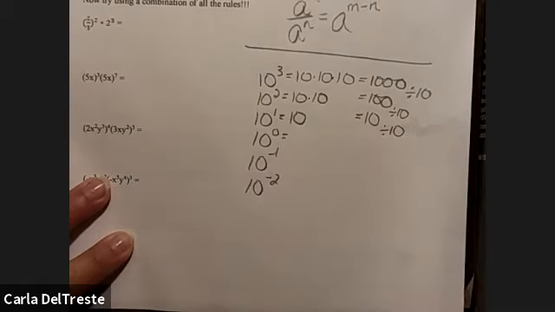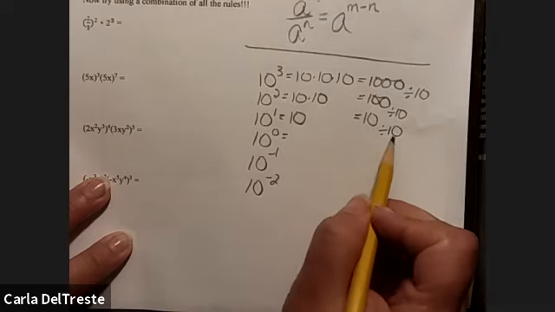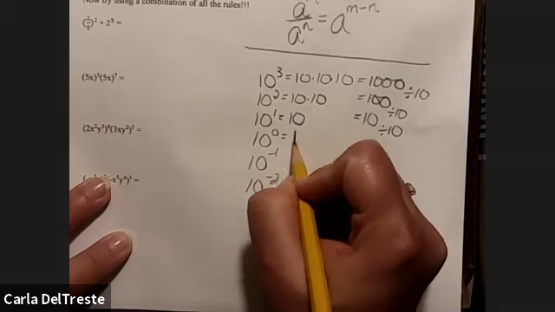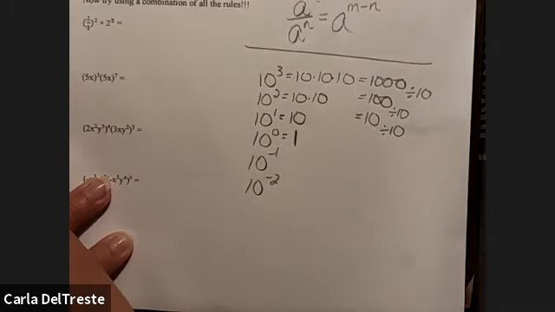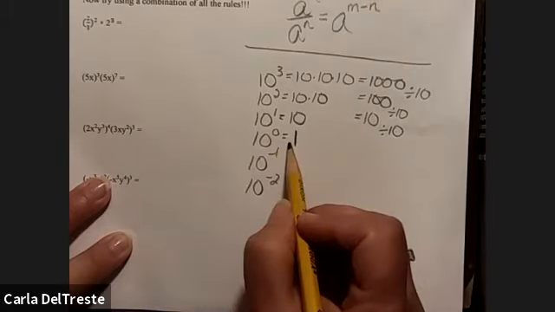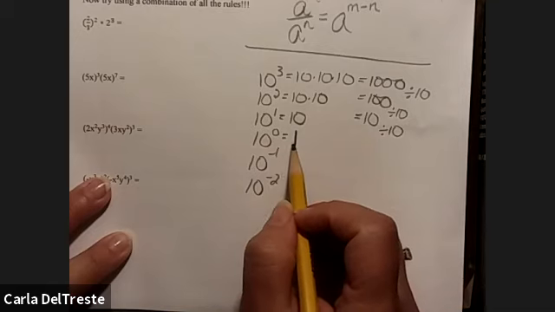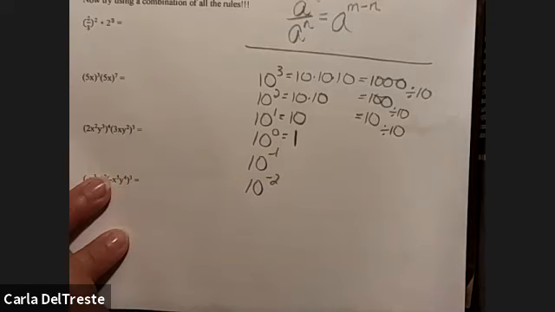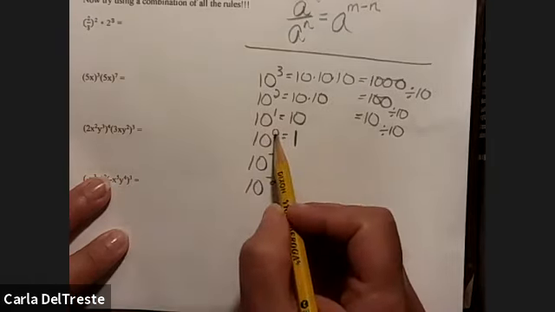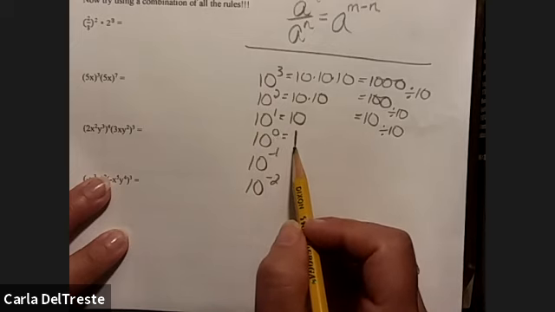Is that going to maintain the pattern? No, that's not going to maintain the pattern. 10 divided by 10 is 1. And this actually helps to explain why in exponential functions, the a value is the y-intercept, because anything to the 0 power is 1.